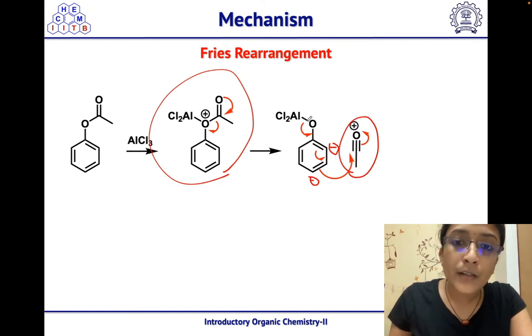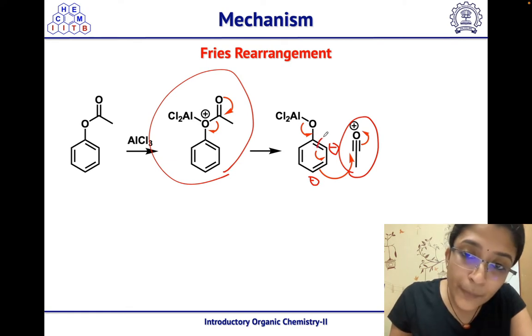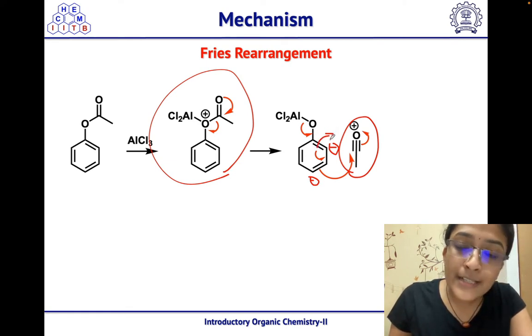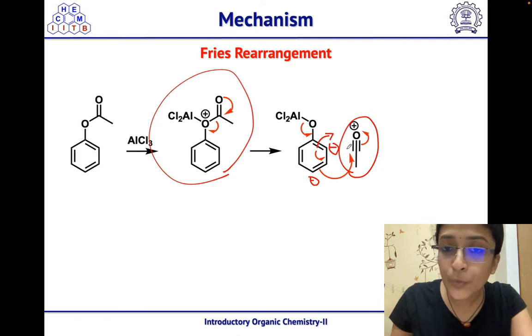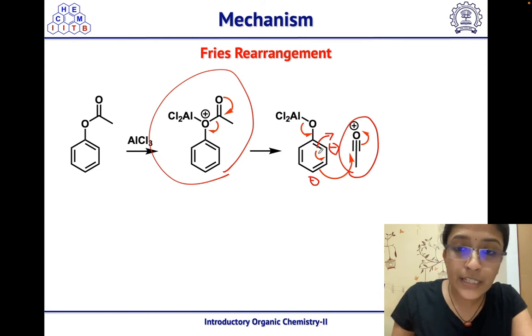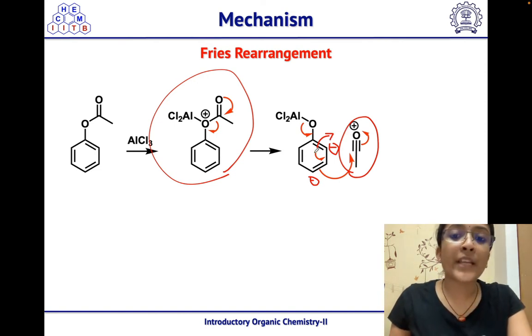Here AlCl2 will leave, a carbon oxygen double bond will form, and if this double bond is attacking the acylium carbocation, we will get the ortho product. As we have seen here, this is very unlikely at lower temperatures like 90 degrees. It will take place at more than 100 degrees.